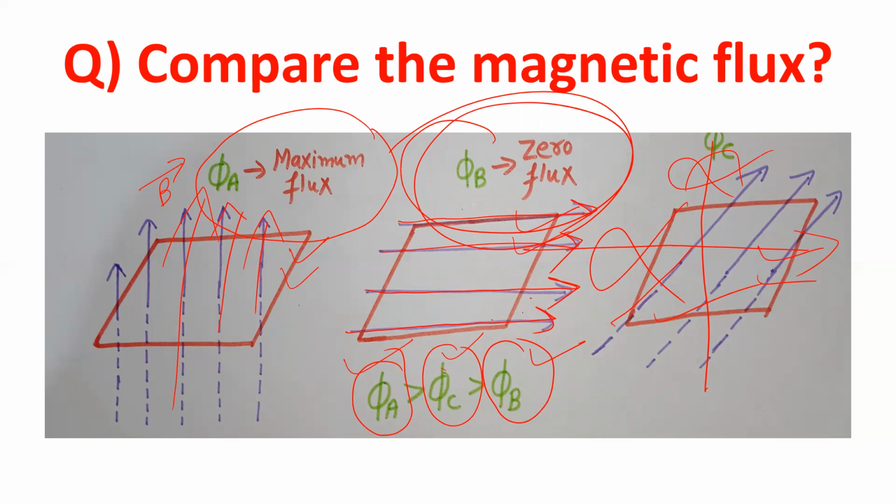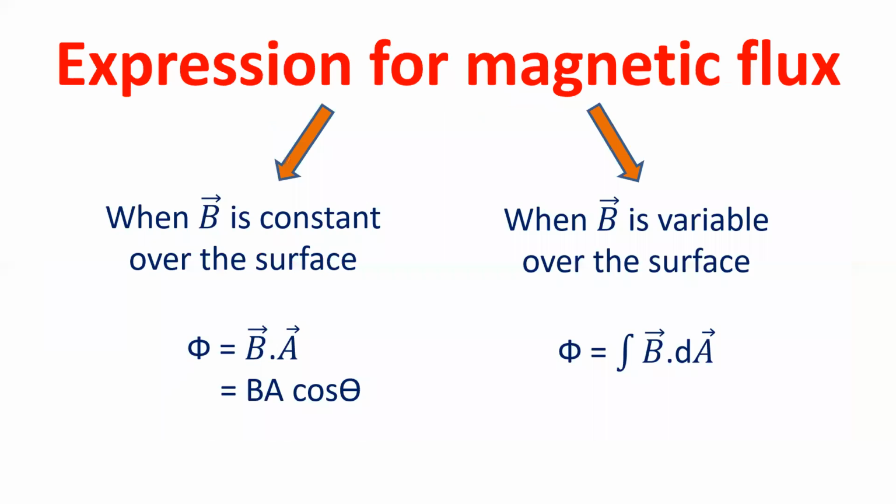Now we'll get into the mathematical formula of this. For the basic case, if we are considering a surface like this, and the magnetic field is constant throughout the surface, B is constant, then the basic formula for the magnetic flux would be B dot A. B is the magnetic field vector.